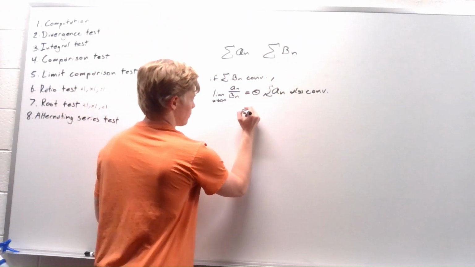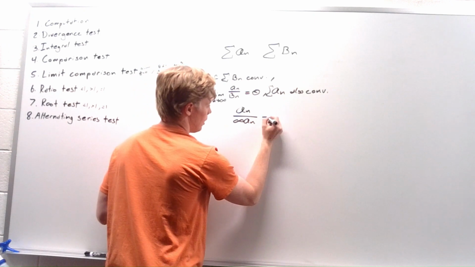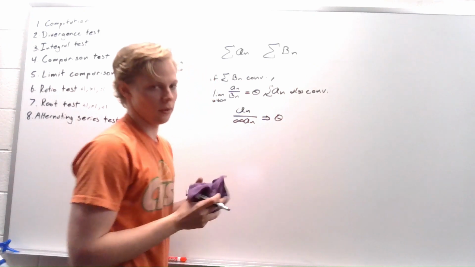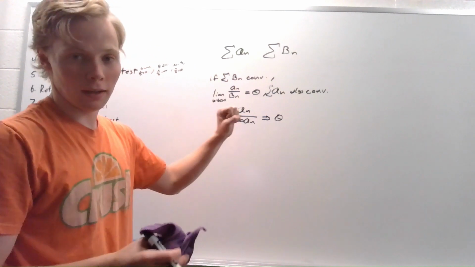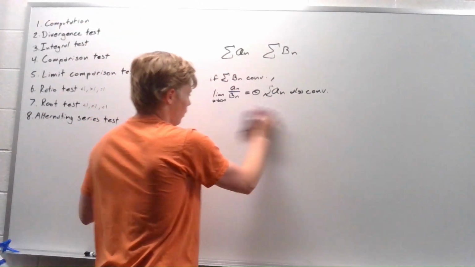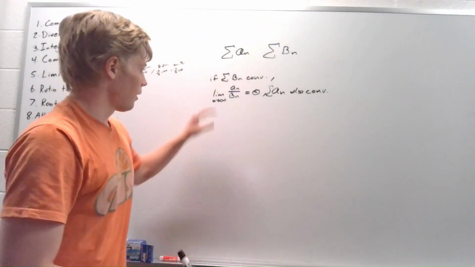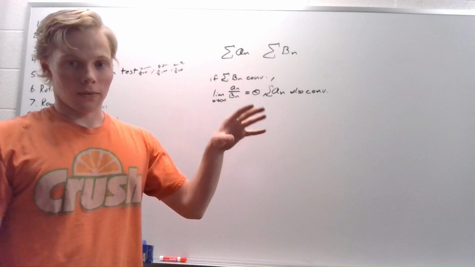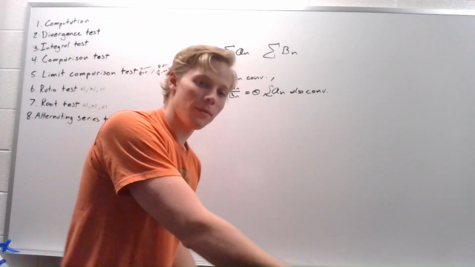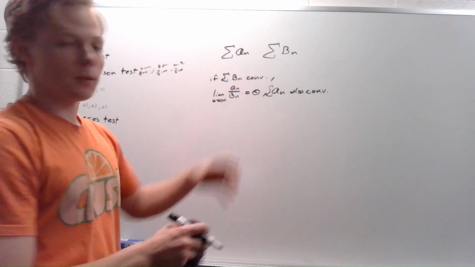If it equals 0, that means the bottom is infinitely bigger. And so if we know b sub n converges, then that means a sub n also converges. In fact, it converges way faster than b sub n. But both of them converge.